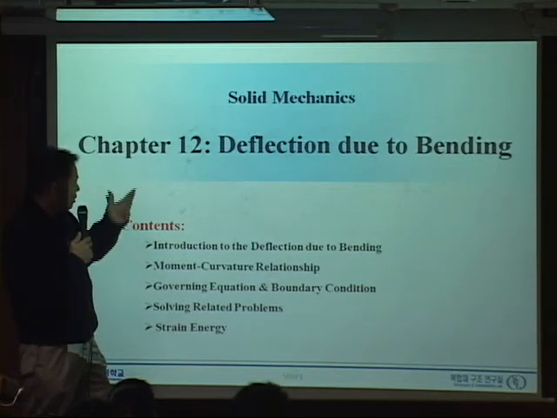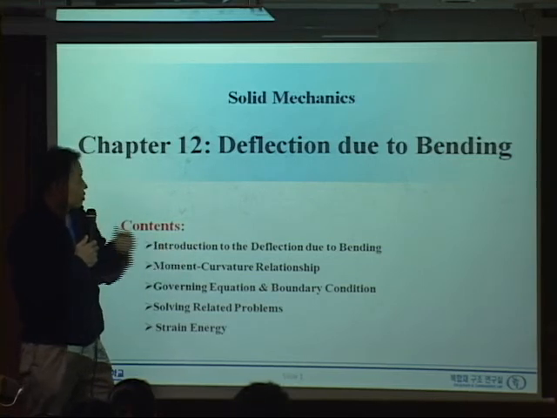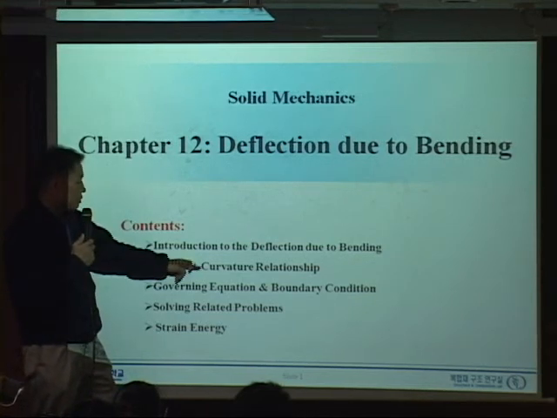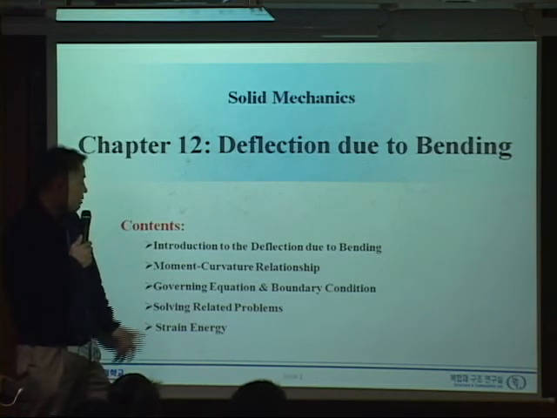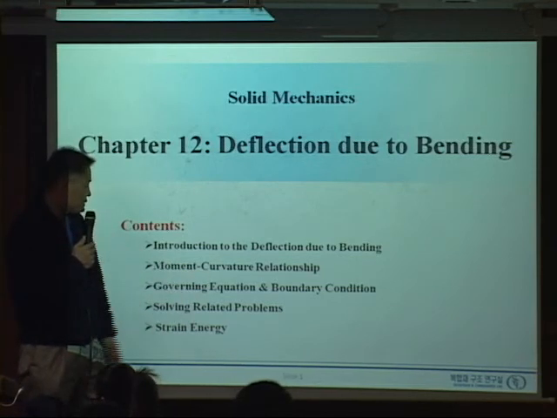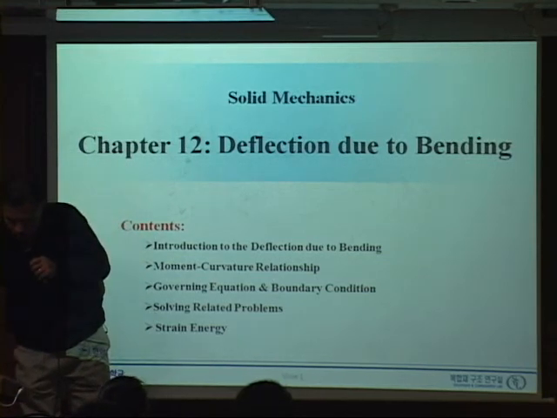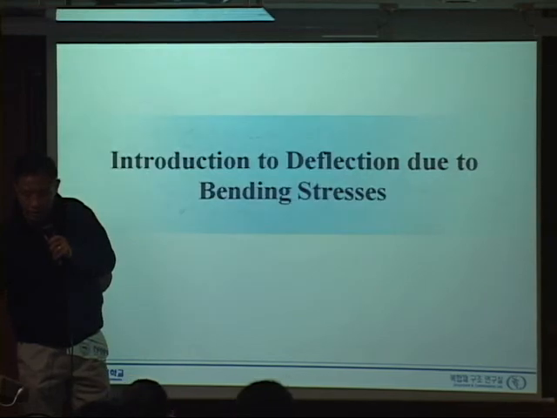Anyhow, in this chapter we will study the introduction to the deflection due to bending, the moment curvature relationship, the governing equation, boundary conditions, and solving related problems. And I will introduce a little bit about strain energy.